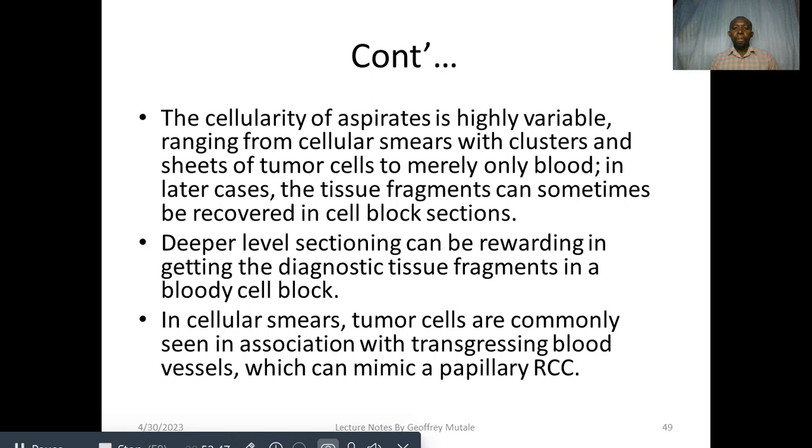Deeper level sectioning can be rewarding in getting the diagnostic tissue fragment in a bloody cell block. In cellular smears, tumor cells are commonly seen in association with transgressing blood vessels, which can mimic a papillary renal cell carcinoma.